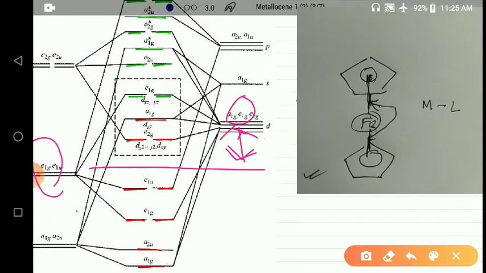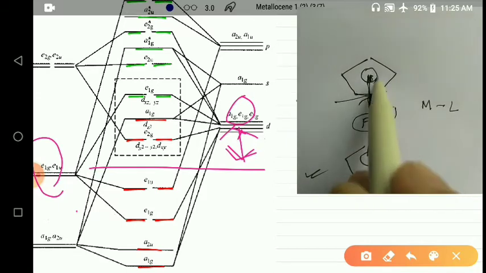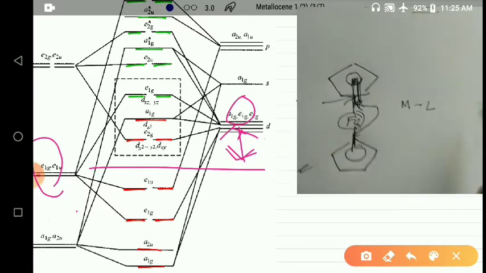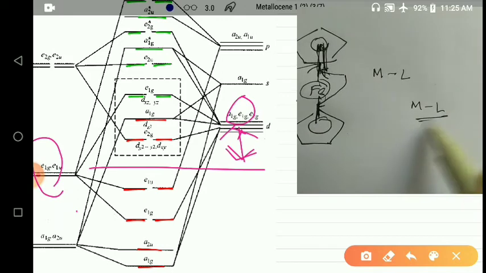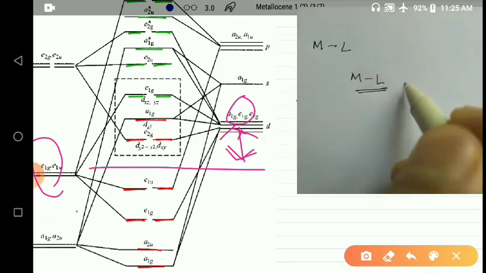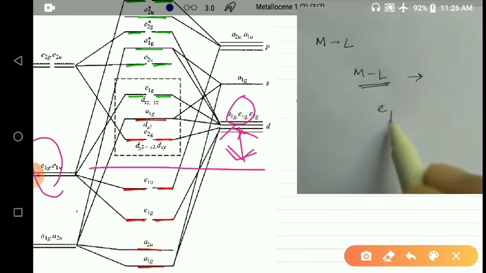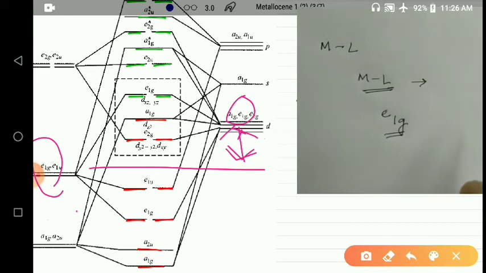So we can say that the stability of this bond, that means this metal ligand bond, is mainly due to the E1G symmetry.